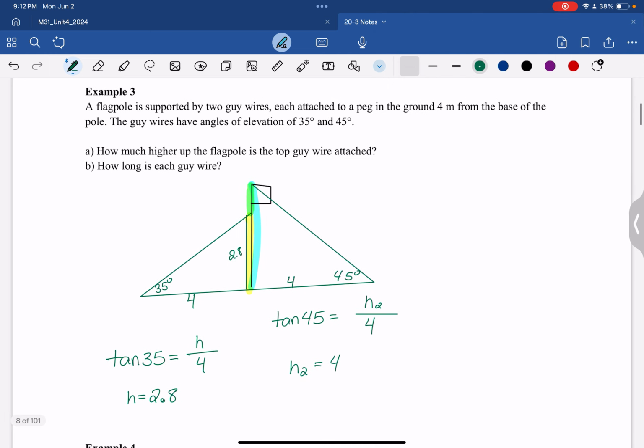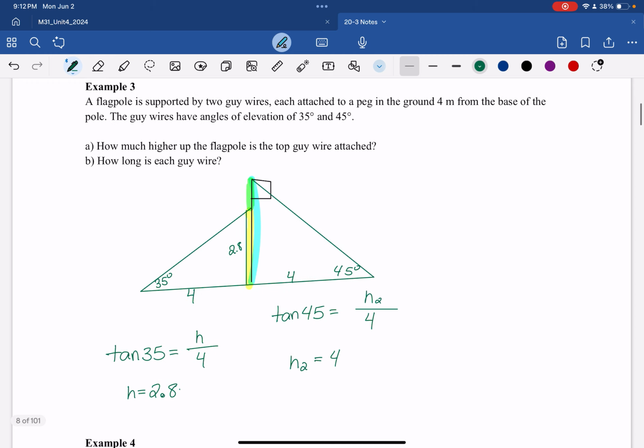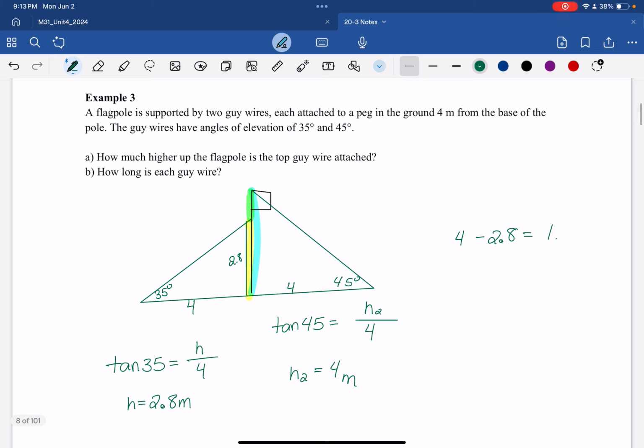Okay, both of these are in meters because the length that I'm given to start is in meters. Okay, so if I want the height difference between these two, I'm going to go 4 minus 2.8. So the height difference is going to be 1.2 meters.